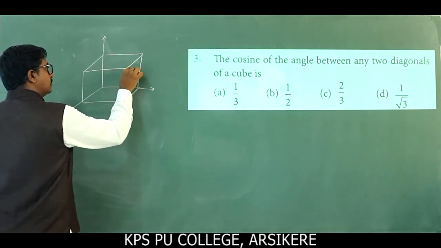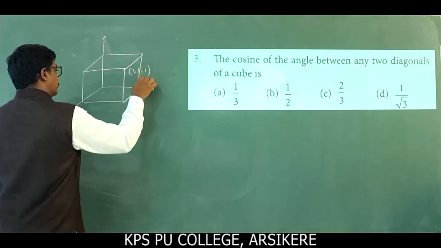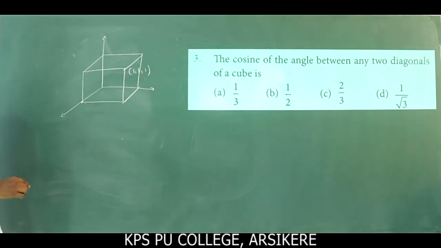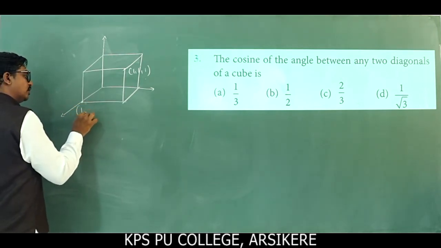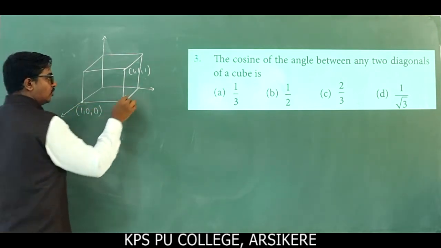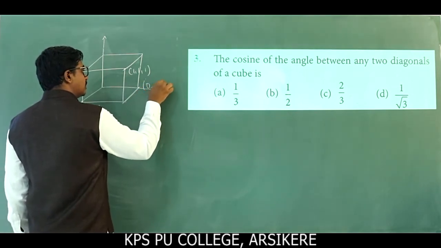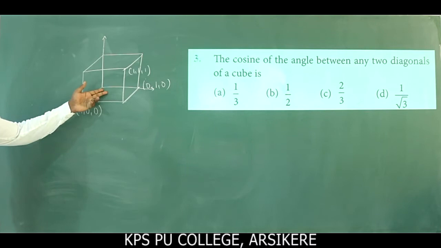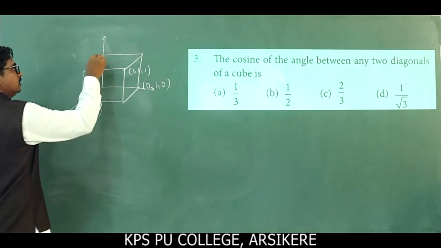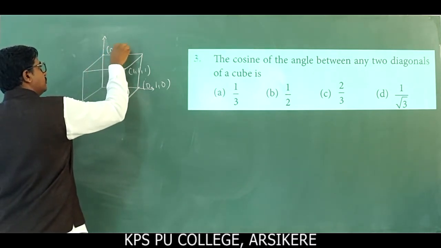So this is the point 1 comma 1 comma 1. The point on the x axis is 1 comma 0 comma 0, on the y axis is 0 comma 1 comma 0, because we take the unit cube here. Unit cube. So this is also 0 comma 0 comma 1.